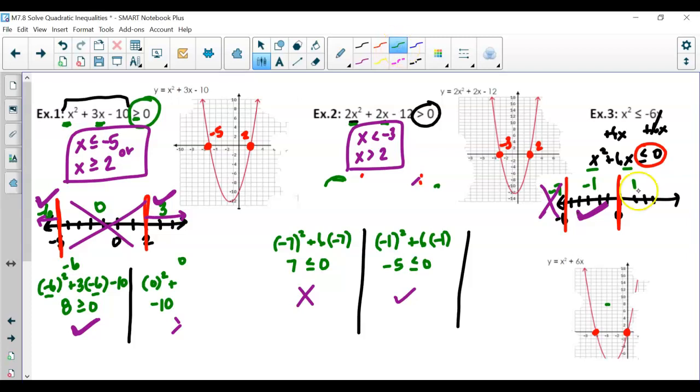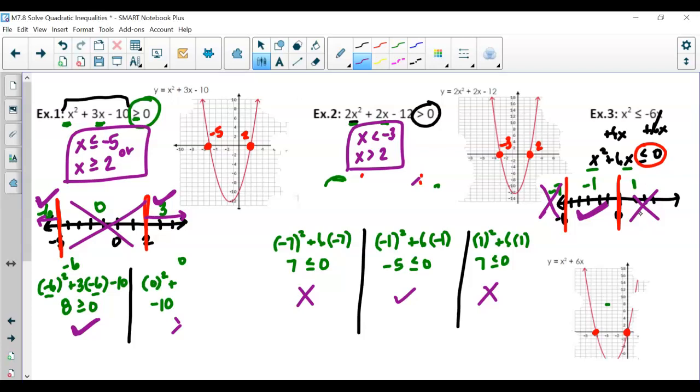Now let's go to the last one. 1 squared plus 6 times 1. When you simplify, you get 7. Is 7 less than or equal to 0? No. So this is not a solution set.